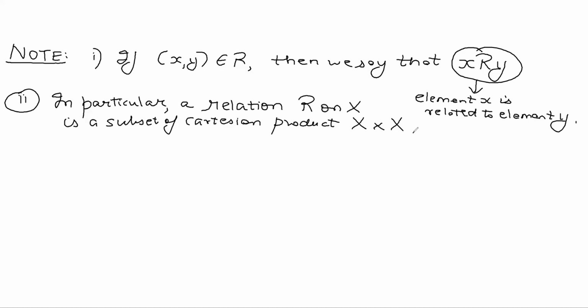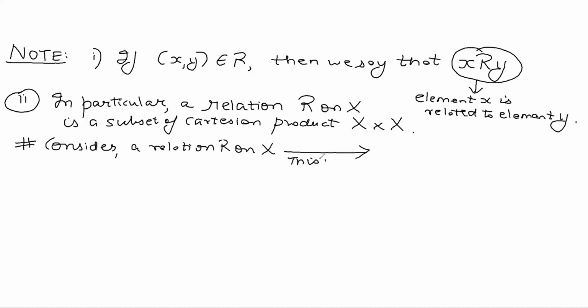If I say, look at the statement, consider a relation R on X, what does this mean? This means that R is a subset of X cross X.